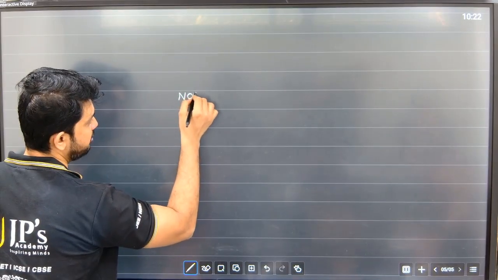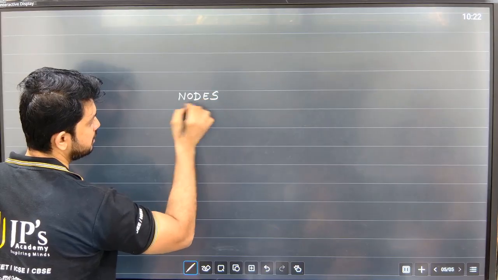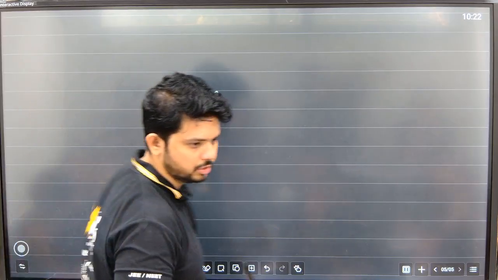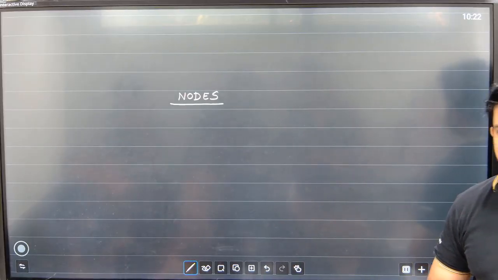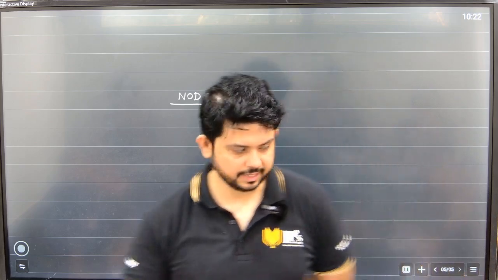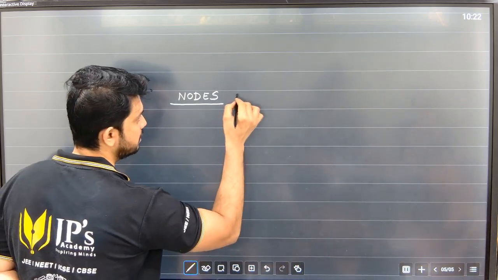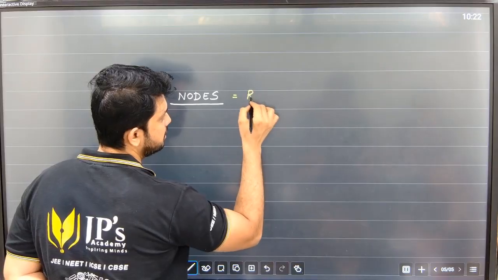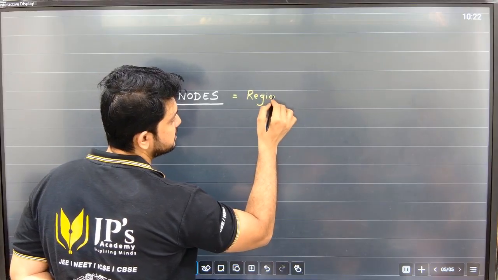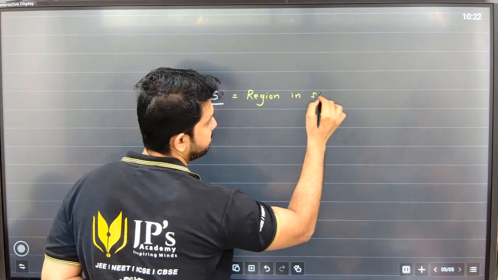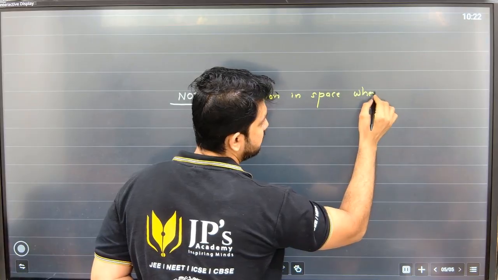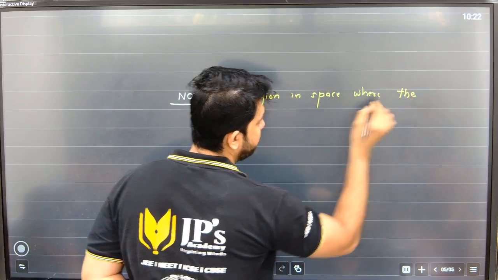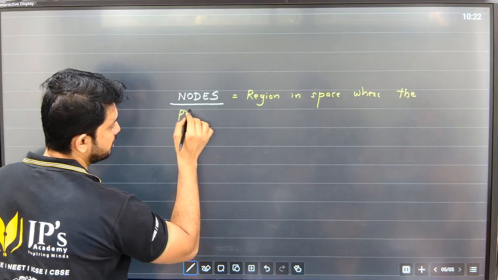The next topic that we have, people, is called nodes. Now, what do you mean by nodes? Nodes is a region in space where the probability to find an electron is 0.